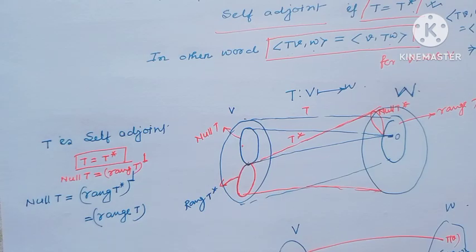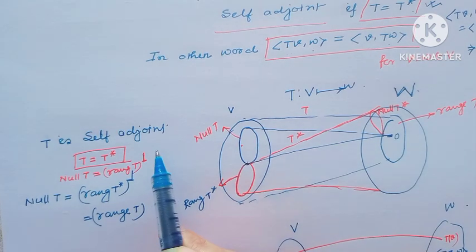When T is a self-adjoint operator, then T is equal to T star. Then the null space of T is the orthogonal complement of the range of T. We all know the null space of T is the orthogonal complement of the range space of T star.